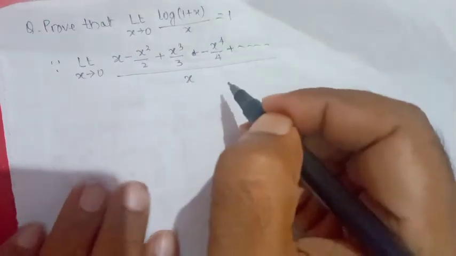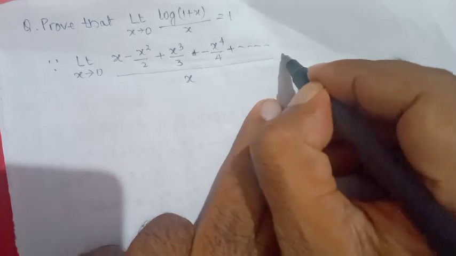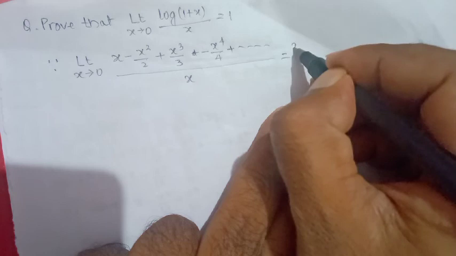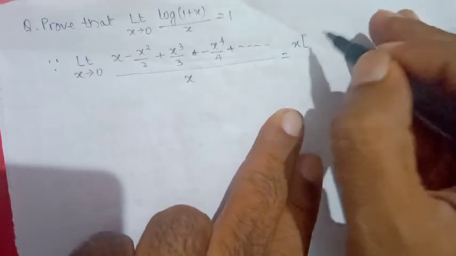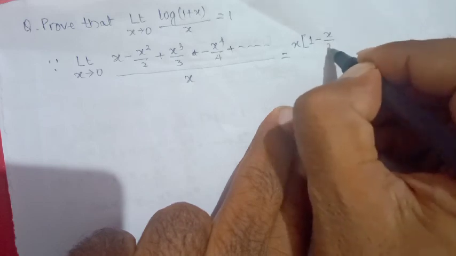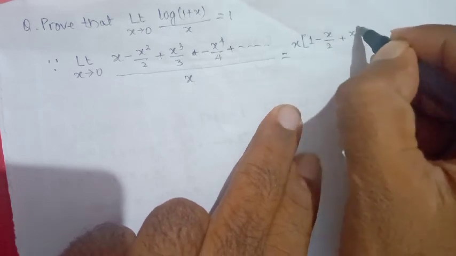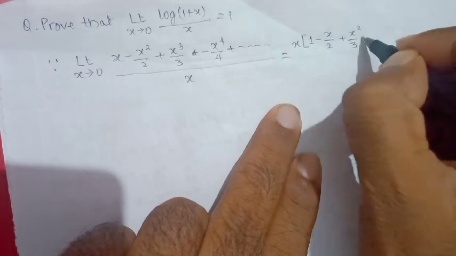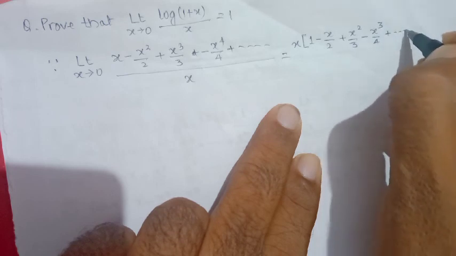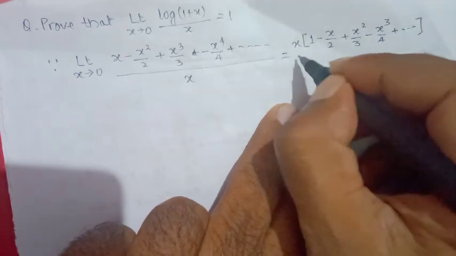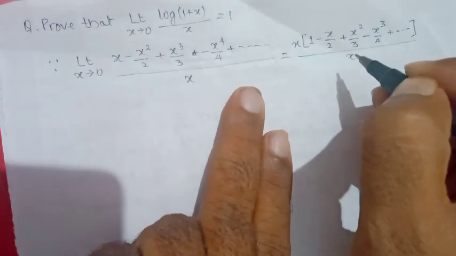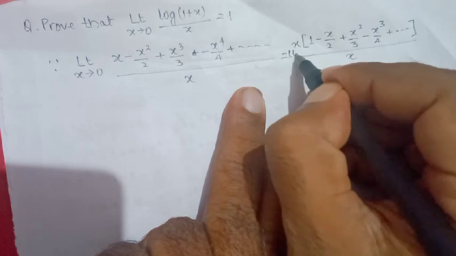In each term take out x as common from the numerator. So taking x as common, it should be written as 1 minus x by 2 plus x square by 3 minus x cube by 4 plus higher powers of x, divided by x, when limit x tends to 0.